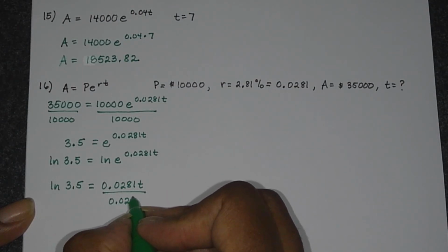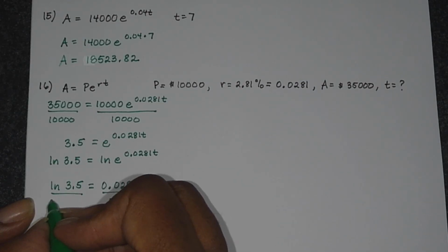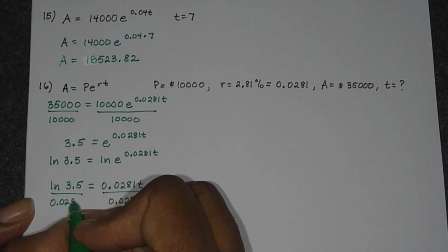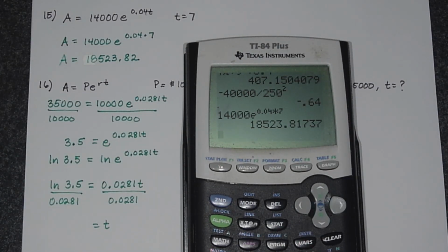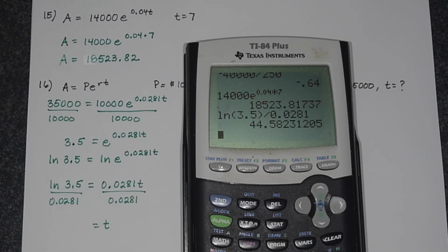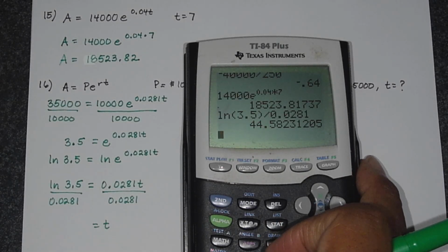Now to solve for t, divide by 0.0281. So that means t is equal to, using the calculator, press the ln key, 3.5, close parentheses, divide that by 0.0281, and hit enter. 44.5 to one decimal place... 44.6.